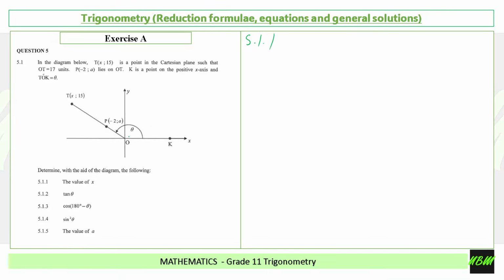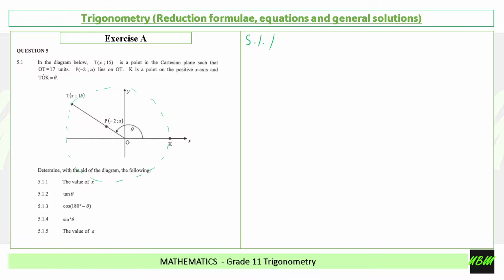Now looking at OT, if we construct a circle that passes through point T, you will notice that OT is actually a radius.